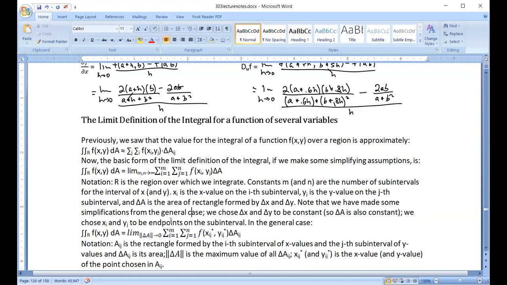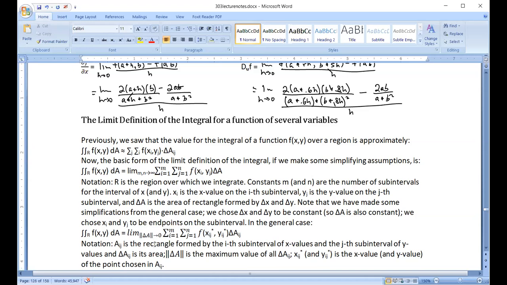Now, what is this limit? This magnitude of delta A represents the maximum value over all your delta A sub ij's. So this says that the biggest possible rectangle in my domain, I'm taking the limit as the biggest possible value goes down to 0.